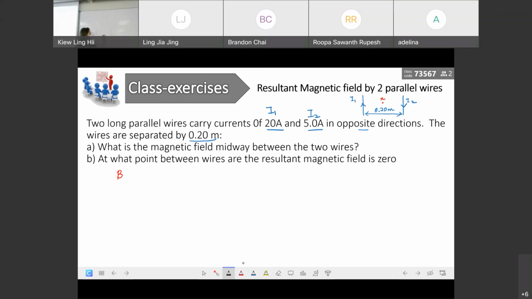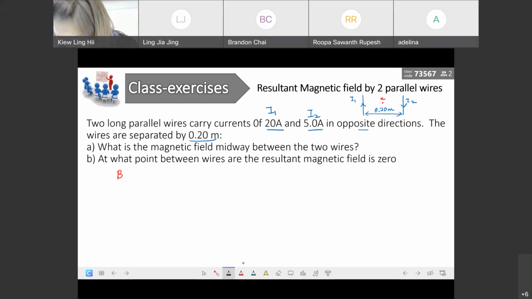So B1 going into is a cross. Now on I2, the current is going downwards, so stick your thumb on I2. When it passes through the center, it is also going into, so B2 is also a cross. So assign cross as positive. So the resultant will be B1 plus B2.